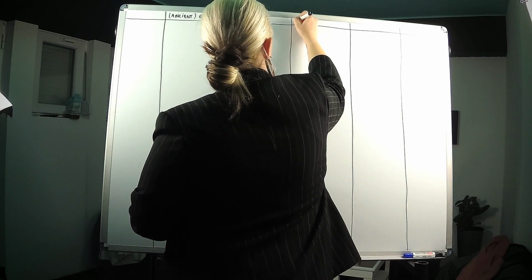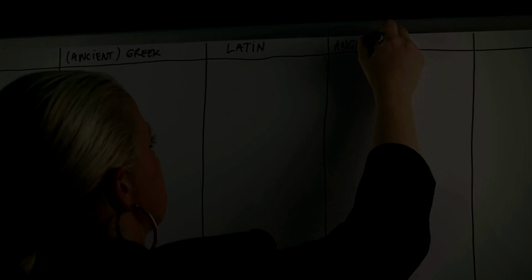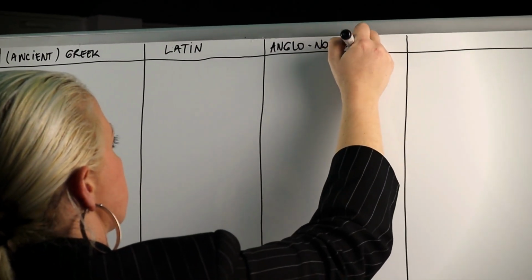And of course, in between that period, we have influences by the Anglo-Norman language, as it was called, and Old French. Anglo-Norman were the Norman tribes which came to the Anglo world, the English area, and influenced the language with their own language.